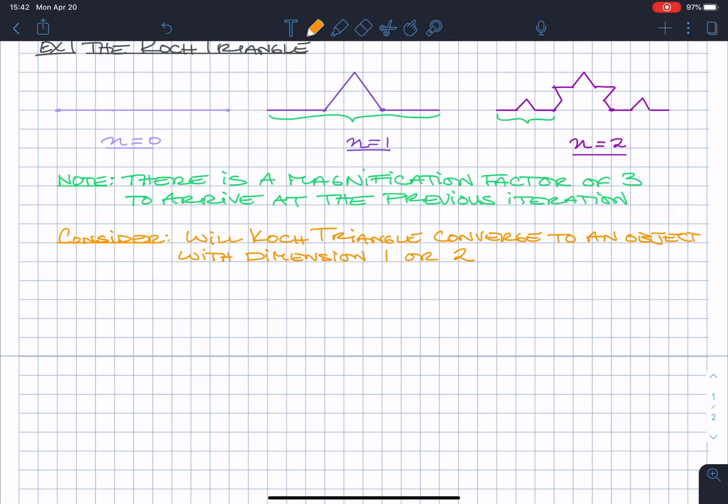So 1 is the dimension of a line, and 2 is a dimension of an object with area, like a plane. And once again, we'll come back to that in a bit.